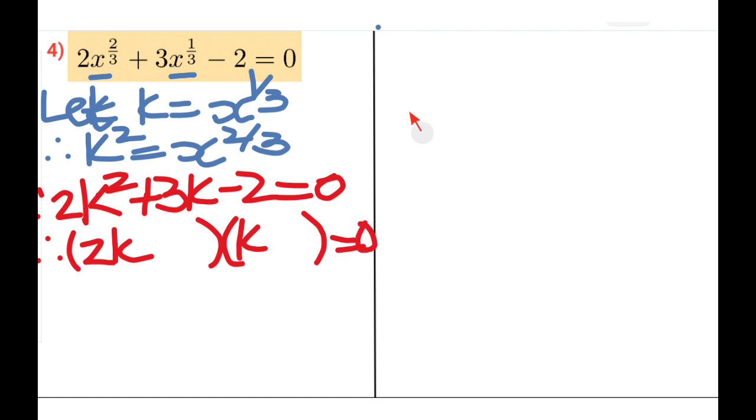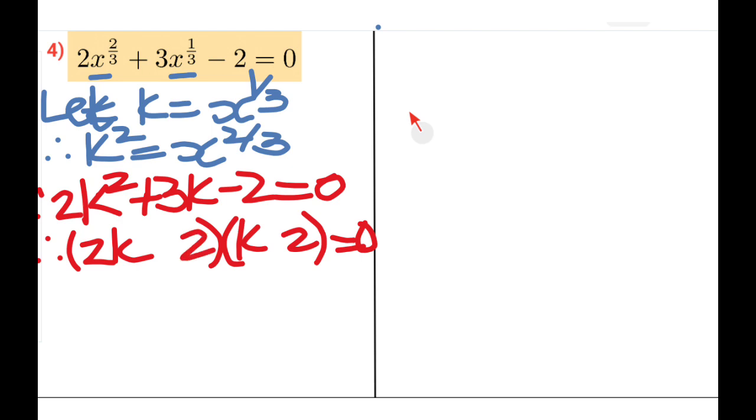Remember, if you need help with factorization, don't forget to consult my video on grade 10 factorization, because that is complete. So we've got one on the other one, so we've got plus 2 and minus 1.